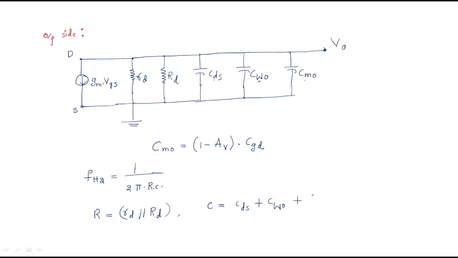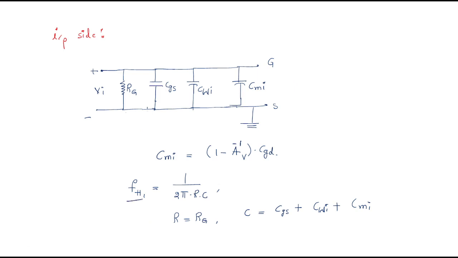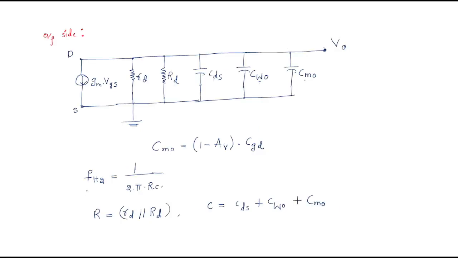CMO is the output mutual capacitance. If you observe here, for the input side one frequency FH1 is there. What about the output side? The output side also has another frequency, FH2. So by the AC analysis we have two cutoff frequencies, FH1 and FH2.